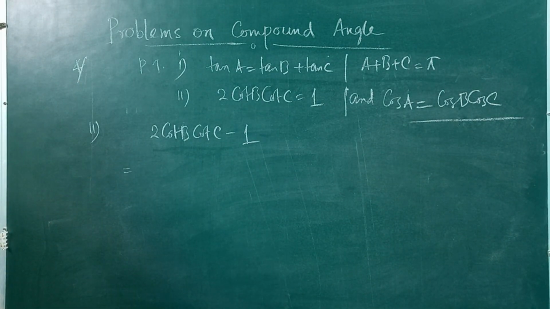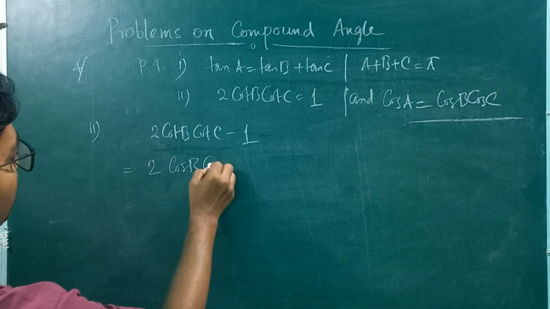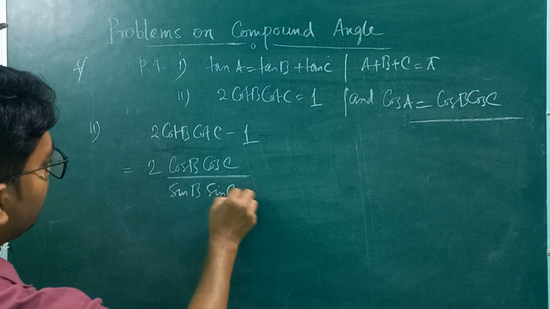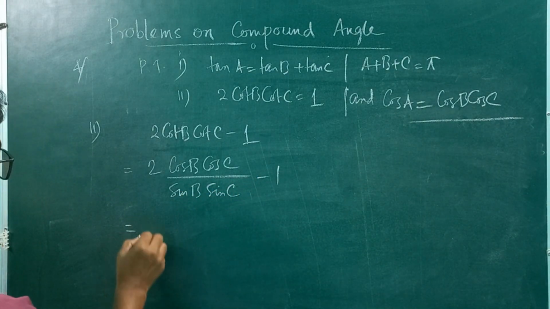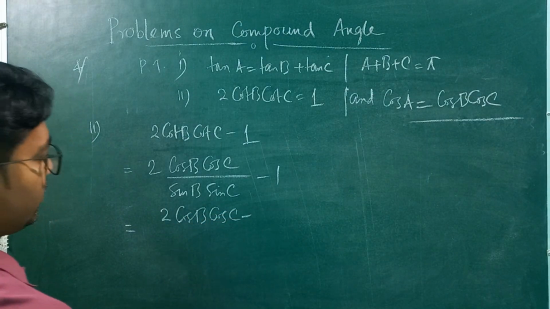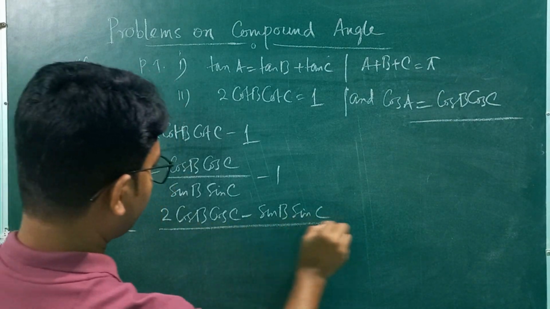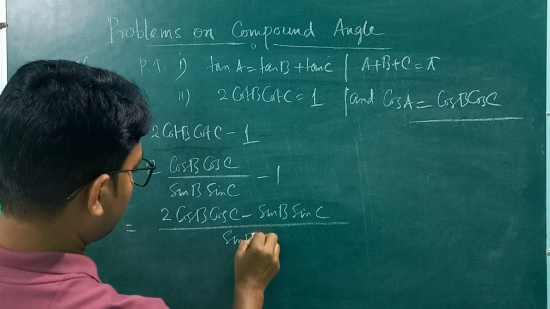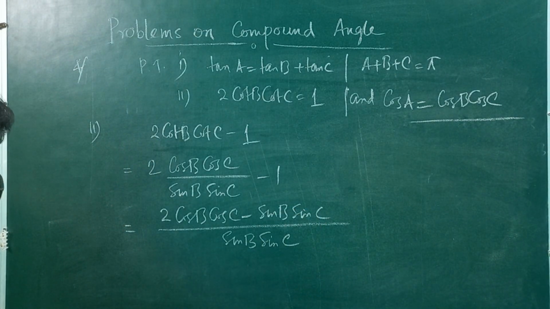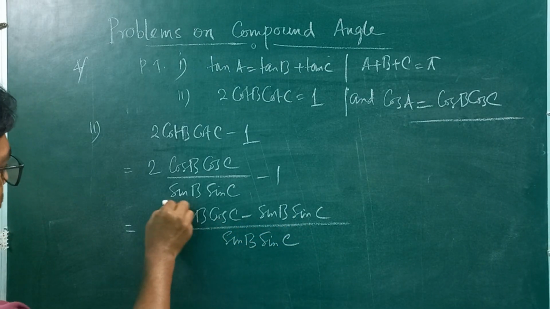Now see what happened. I break them into sin and cos, that is 2 cos B cos C by sin B sin C minus 1. Subtract them: (2 cos B cos C minus sin B sin C) by sin B sin C. Now this may be a formula, cos B cos C minus sin B sin C, but there is a 2, that is our problem.